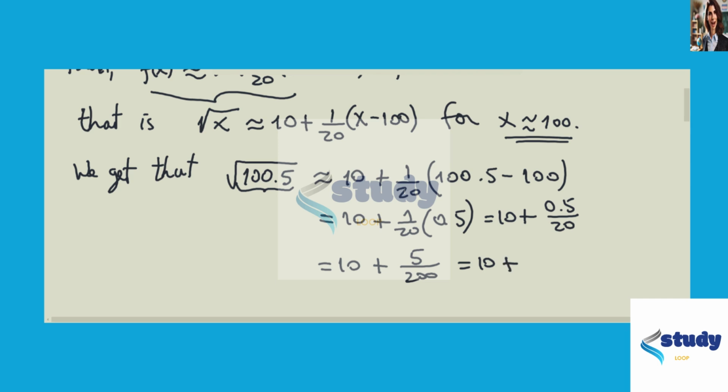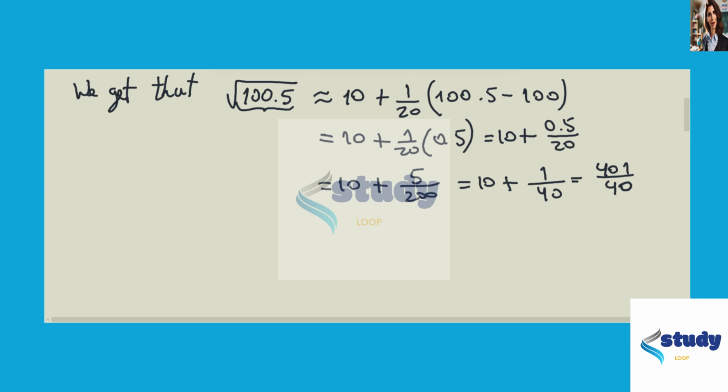And we simplify this fraction, dividing both terms by 5, we get 1 over 40. And if we add up these two fractions, we get 401 over 40.